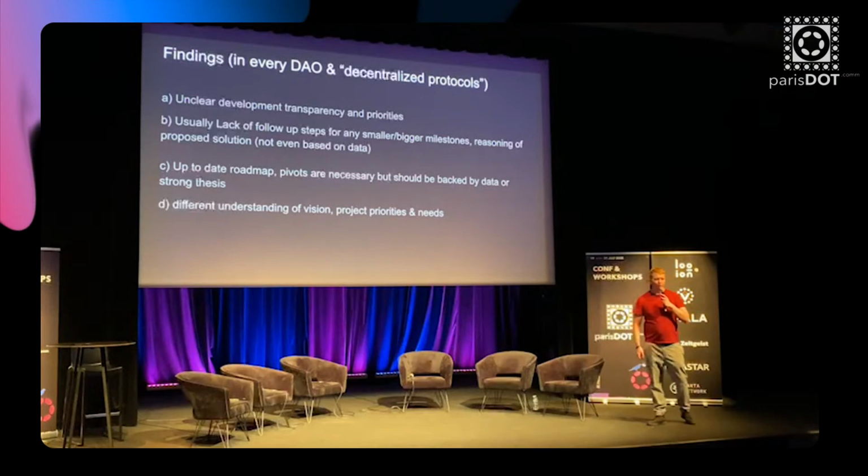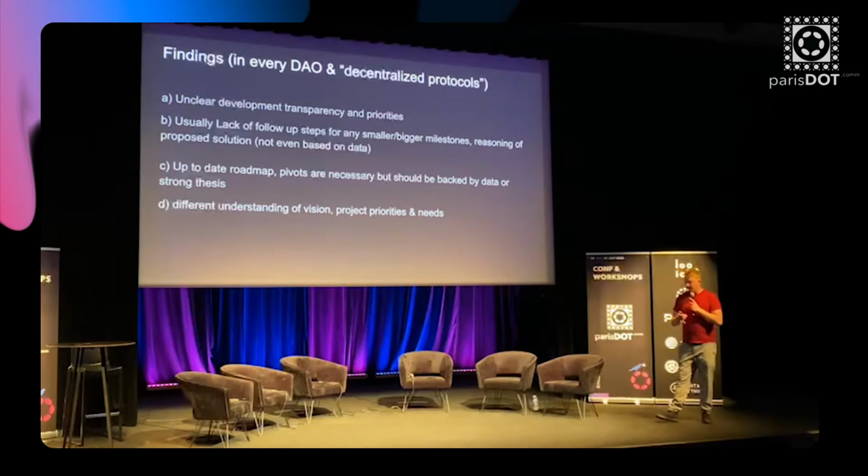That is extremely confusing for developers, and then extremely confusing for the community, and it can erode all the positive sentiment you have gained so far. And as I mentioned before, different understanding of vision, project priorities and needs is one of the biggest problems to solve, not just in crypto, but in any project or company in general.